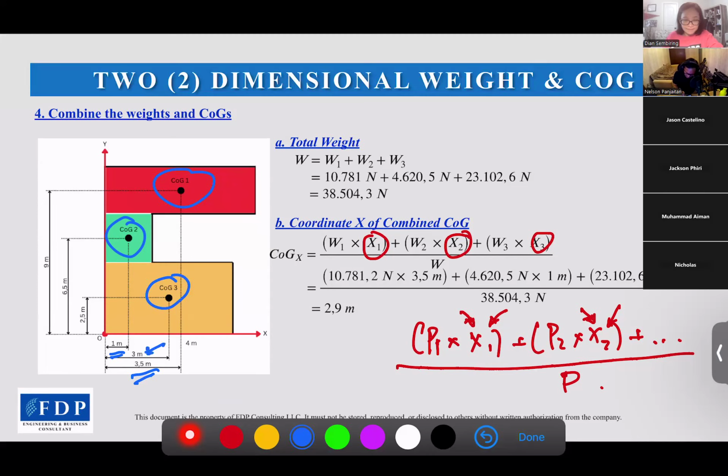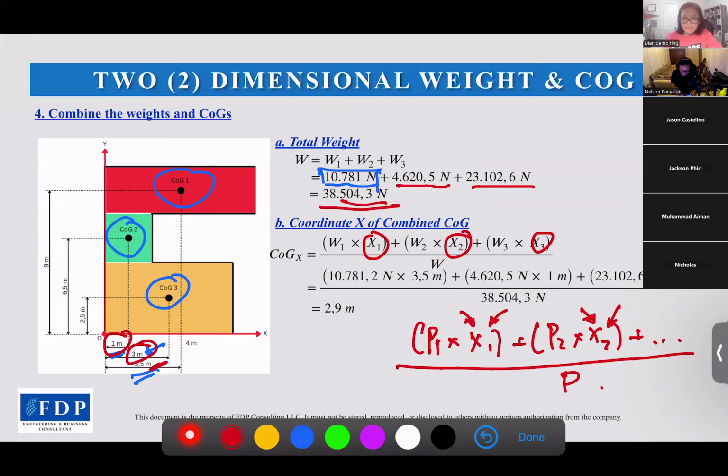So we use the formula: 10,781.2, the weight of area 1, times 3.5, plus 4,620.5, the weight of area 2, times 1 meter, plus 23,102.6, the weight of area 3, times 3 meters, and then divided by the total weight.